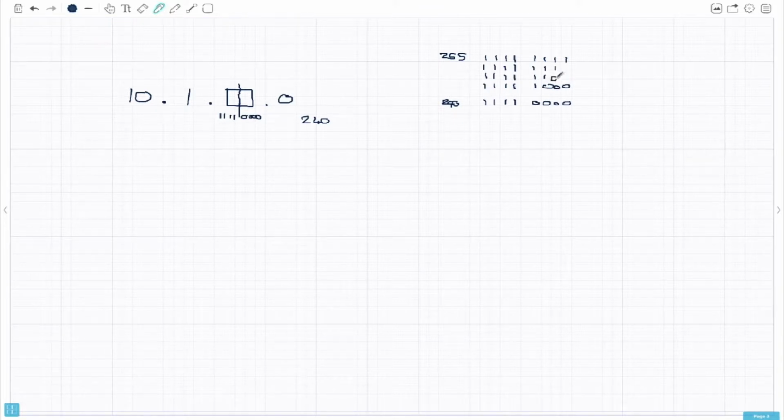If it's not a 1, the only other option we have is of course a 0. Well, this number here is 254. This number here is 252. And this number here is 248.